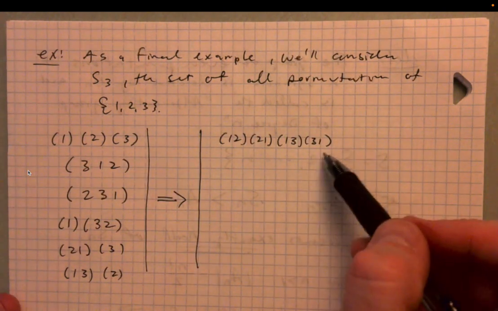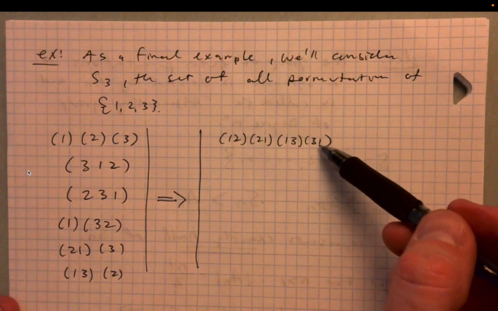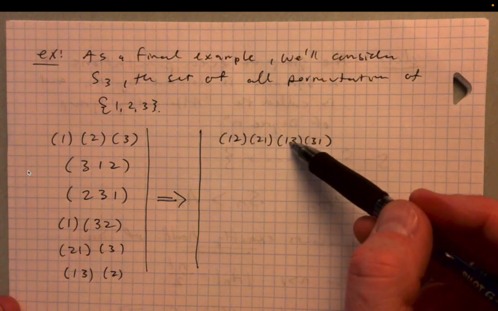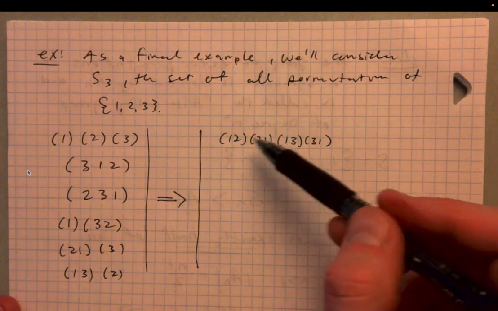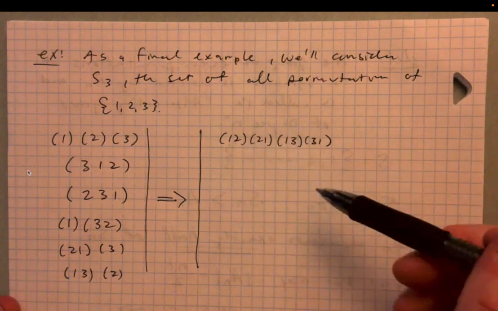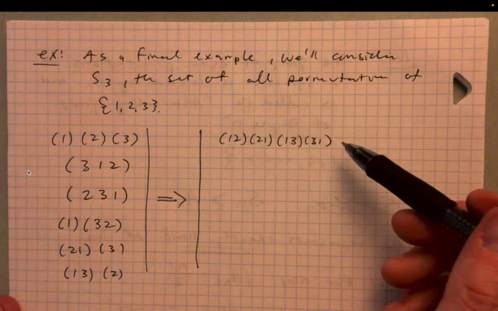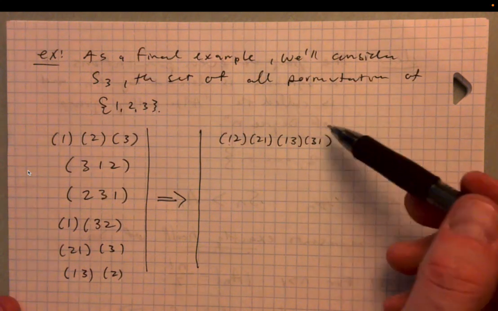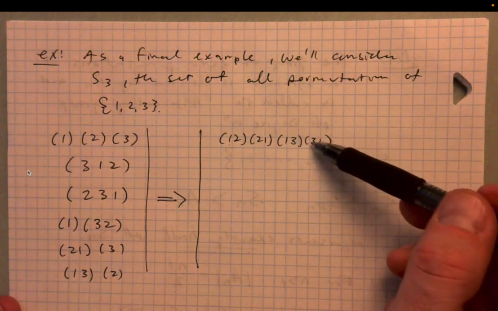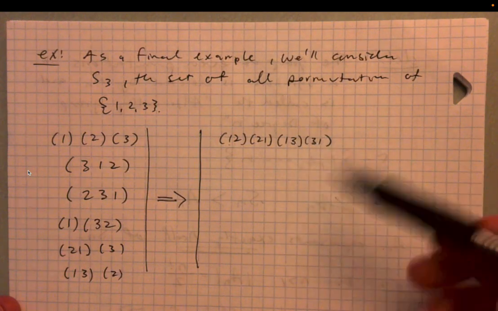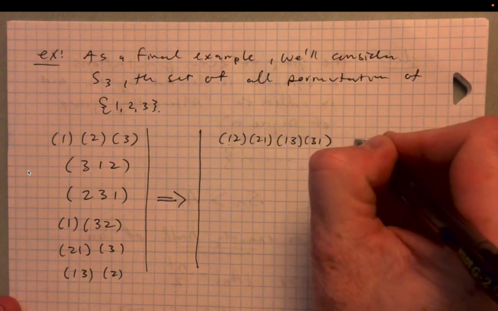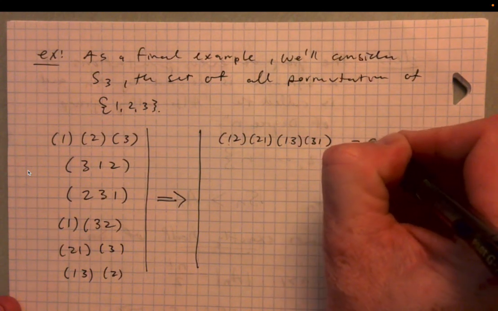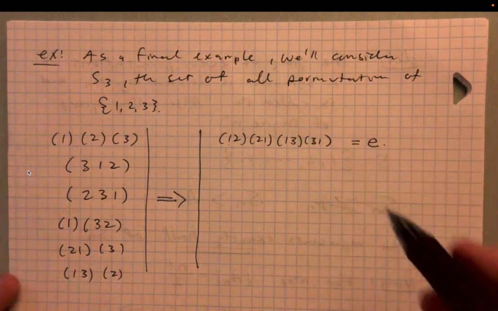Let's make sure we understand that. 1 comes in, 1 goes to 3, 3 goes to 1, so 1 gets fixed. 2 comes in, 2 goes to 1, 1 goes to 2, so 2 gets fixed. 3 comes in, 3 goes to 1, 1 goes to 3. It gets fixed. So everything is fixed here. This is also known as the identity, which I'll write as E.